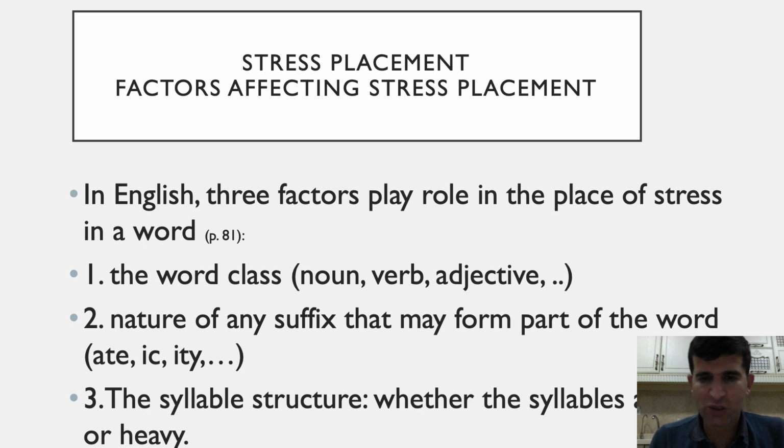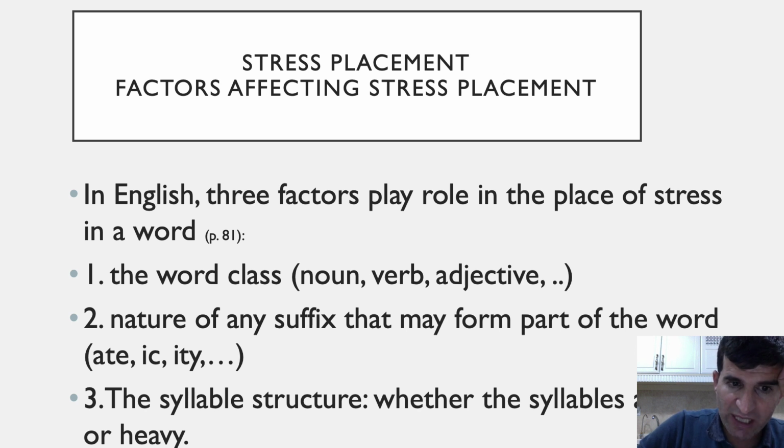So we somehow ignore the grammatical words, but we focus on noun, verb, adjective, and adverb. The placement of stress is different from a noun to a verb, and from an adjective to a noun and to a verb. So the first factor that plays a role in the placement of stress is the word class.